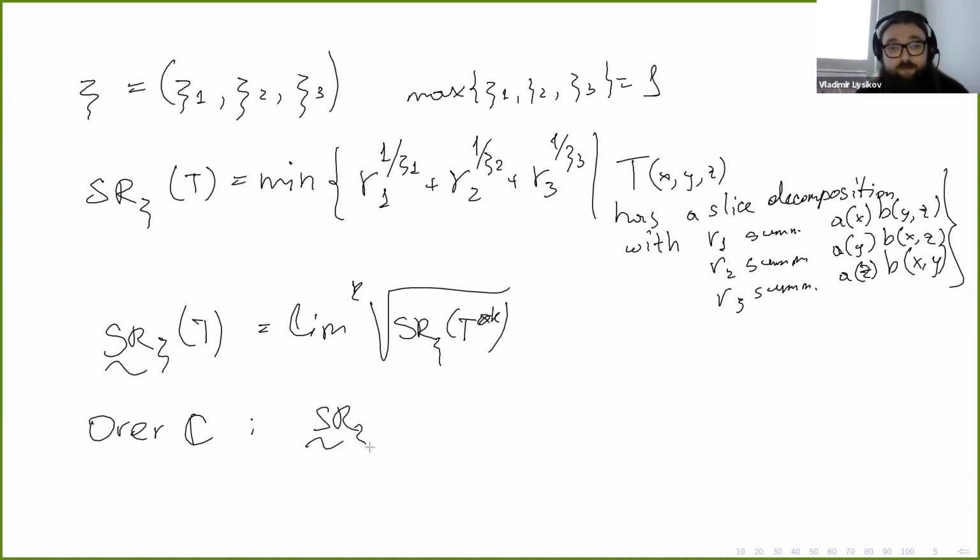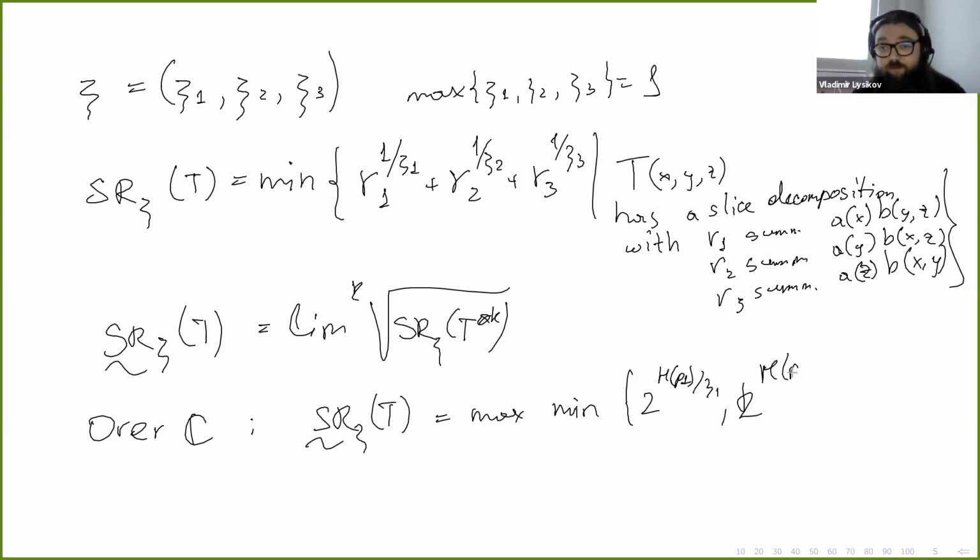This slice rank xi is a maximum, again, of the minimum of 2 to the h of p1 over xi1, 2 to the h of p2 over xi2, 2 to the h of p3 over xi3, over all p1, p2, p3, which are probability distributions in something called the moment polytope of a tensor.